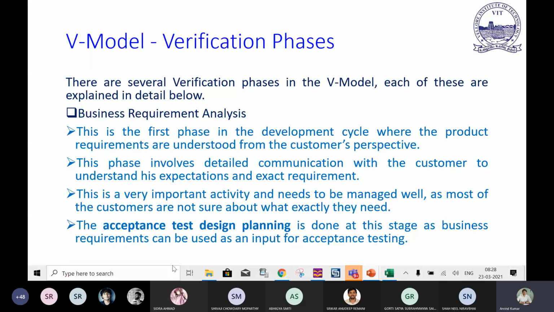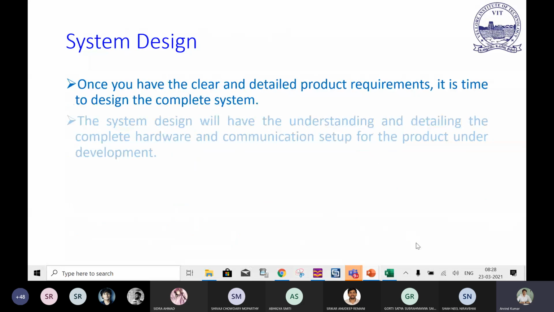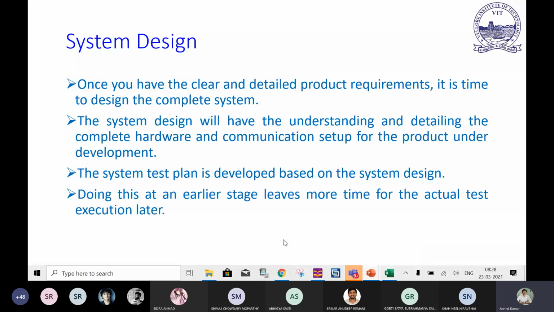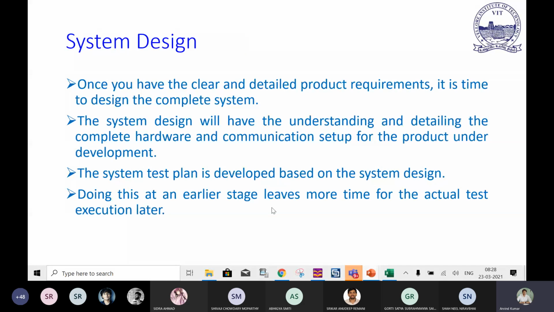The next step was the system design. You know what system design is? It gives clear and detailed product requirements and the time to design and complete the project. So the delivery time would be decided over here. System design will have an understanding of the detailed, complete hardware and communication setup for the product under development.